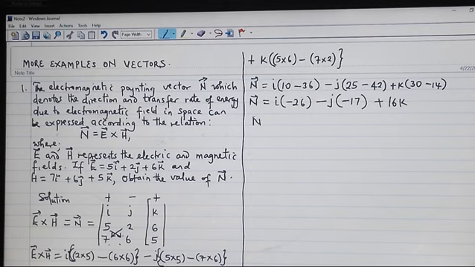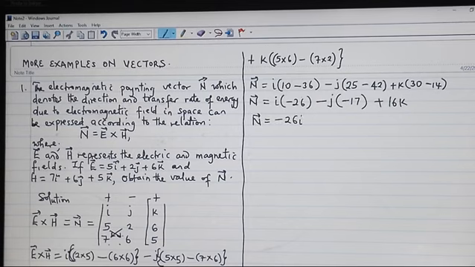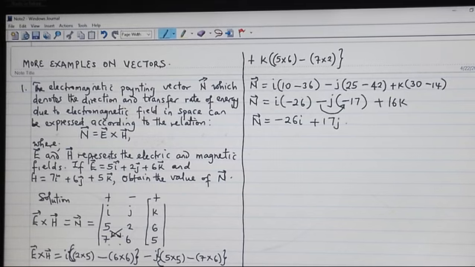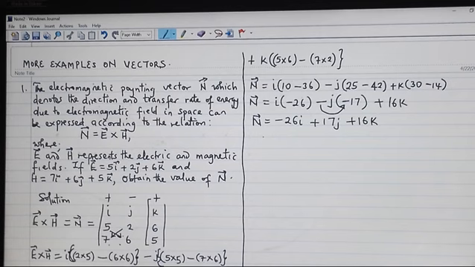This is saying n equal to minus 26i. Minus times minus gives us positive, so we say plus 17j plus 16k. So this is the value for n.